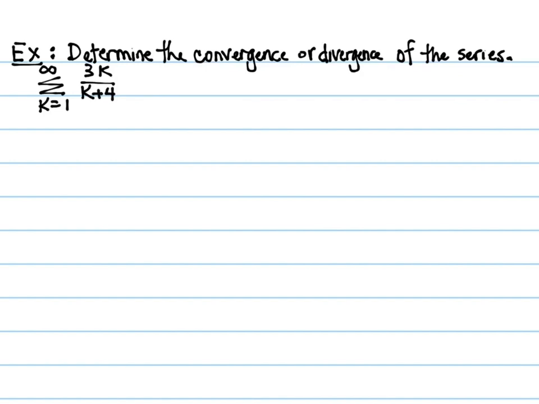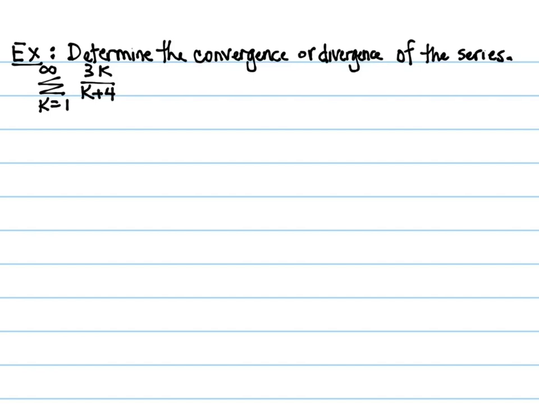I kind of hope at this point you might be able to look at this and just tell me what you think the limit is without doing any algebra or simplifying. Any idea? It's 3. That plus 4 in the denominator is really not important. Doesn't affect the problem very much. So basically, we really have 3k over k, and that's 3. So this limit is 3.